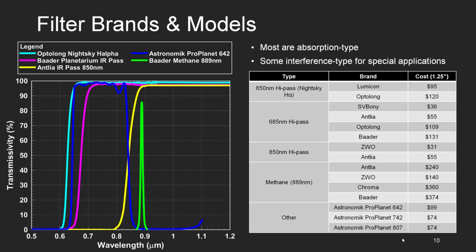There is also a narrow IR bandpass filter popular for imaging the outer planets called a methane filter. They have their center wavelength located around 889 nanometers, shown in green on this graph. The table shown here summarizes the filters available from the main amateur astronomy OEMs, with prices being reasonable for the most part.